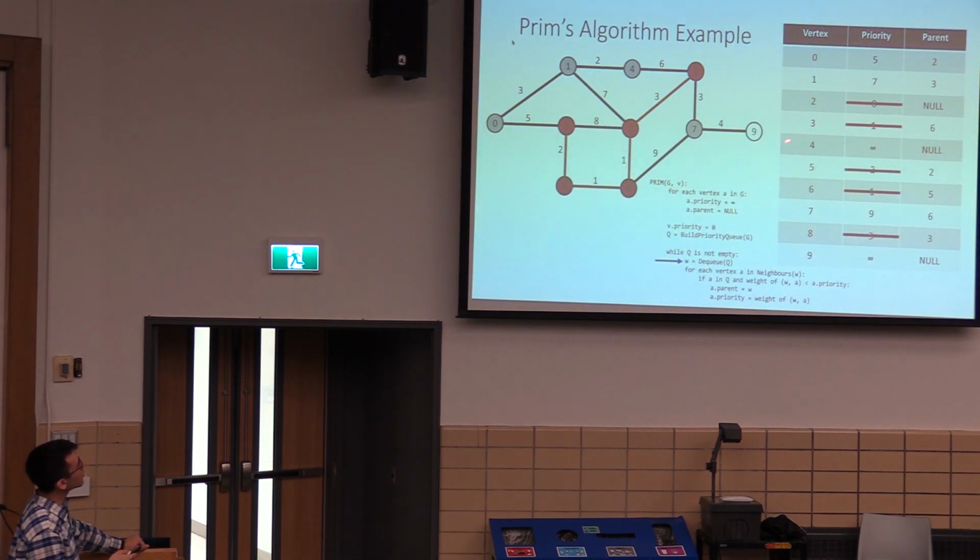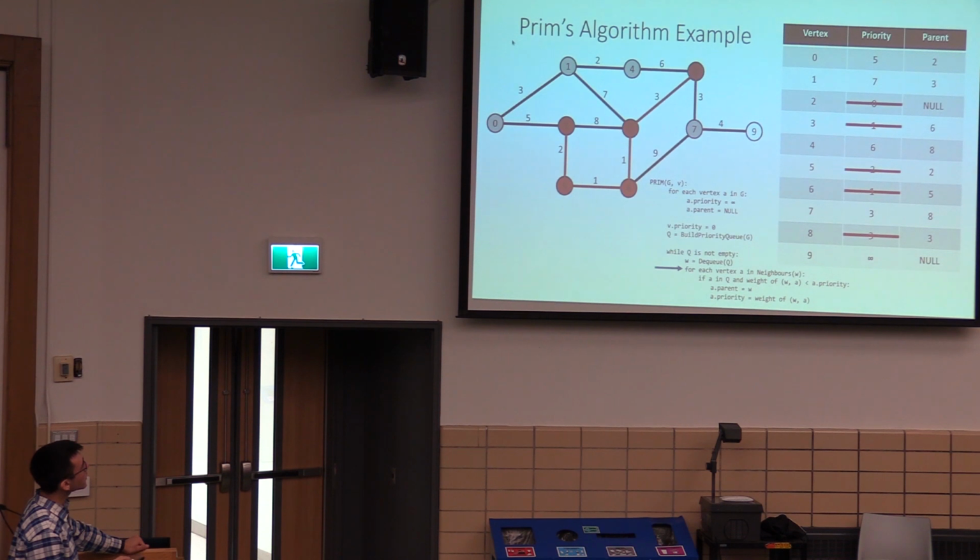But again, you'll notice that the weight from 8 to 7 is 3, which is smaller than the weight from 6 to 7, which was 9. So I'm going to need to update 7's priority to 3, like right over here. The parent of 7 becomes 8 instead, and so on. So 1 still has the neighbor of 7 and a parent of 3.